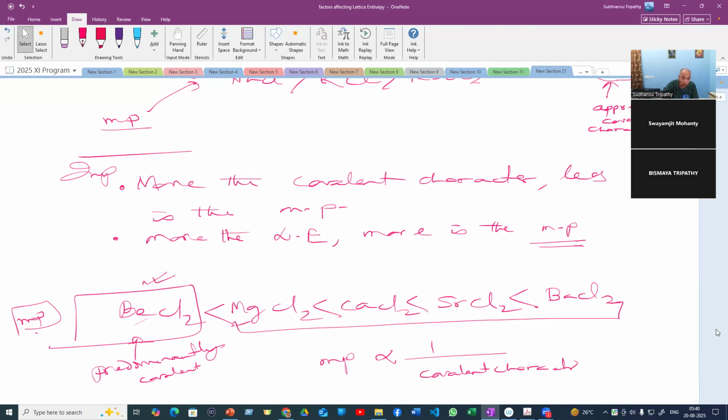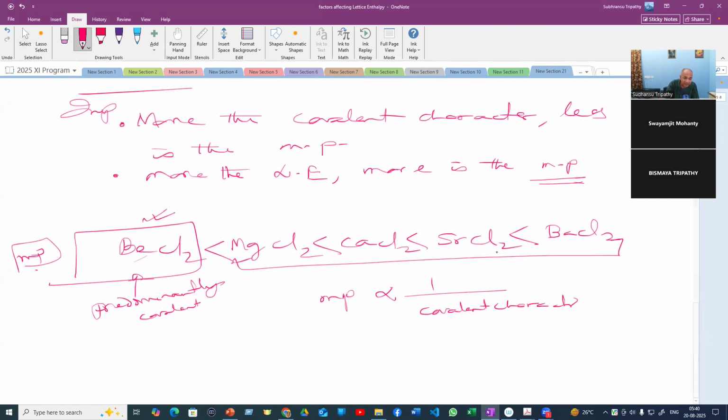But if you talk of oxides, since oxygen is more electronegative, 3.5, chlorine is 3. So the ionic character is more in oxides than chlorides. So if you look at this, now you will find a surprising thing.